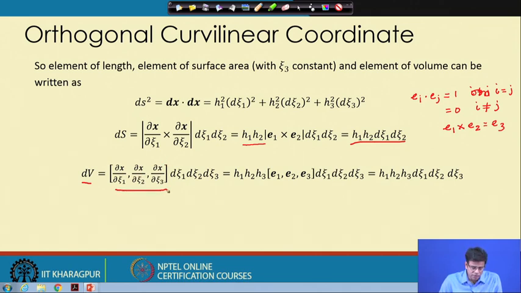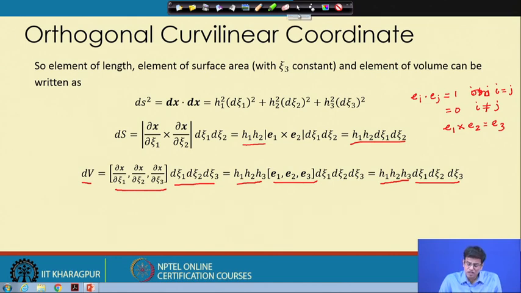If I write it in this form, we get h1 h2 h3, and the scalar triple product becomes 1 because it is orthogonal, or specifically orthonormal, so its determinant will be 1. So now this quantity will be just this. This is altogether the general curvilinear coordinate system.